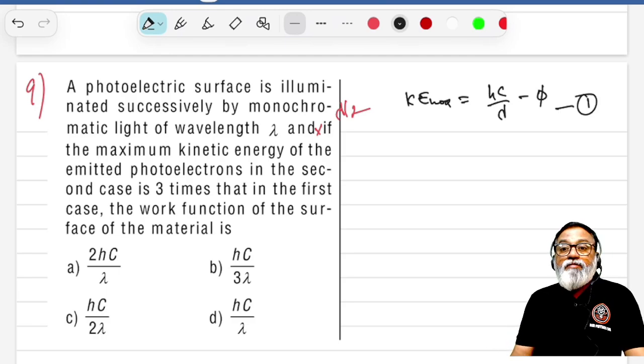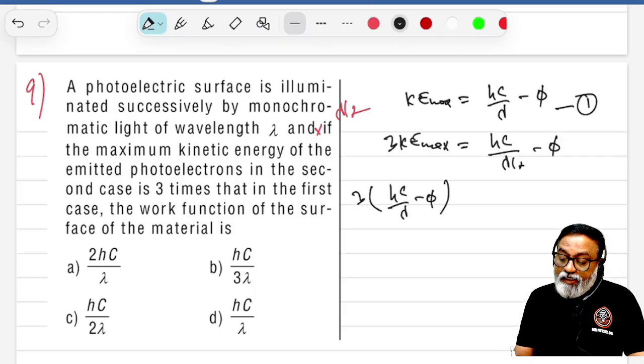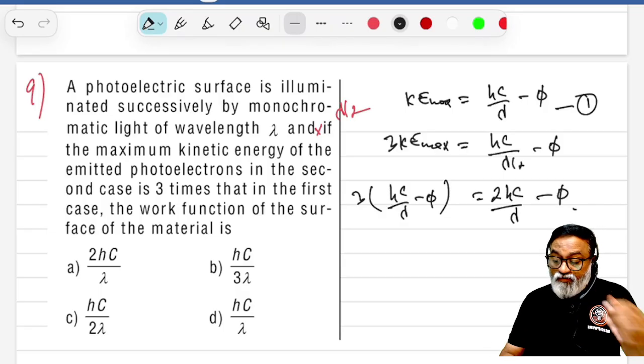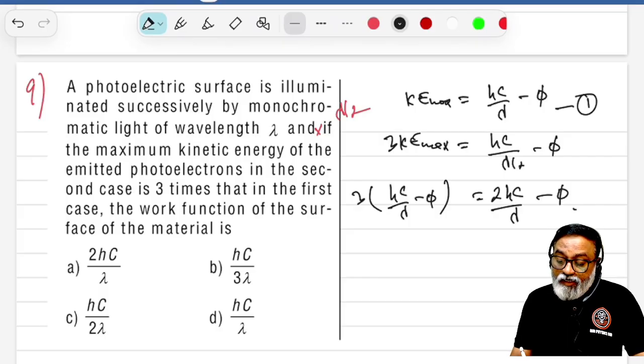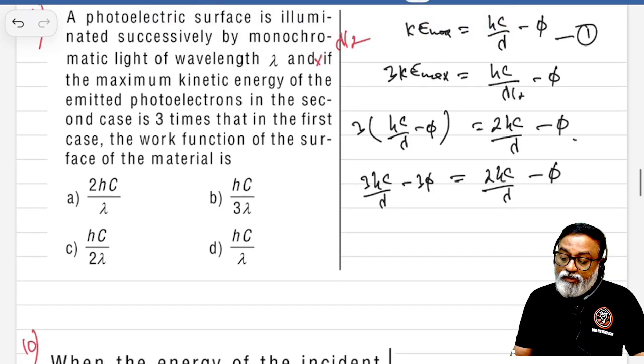When the wavelength changes from lambda to lambda by 2, the kinetic energy is 3 times the initial kinetic energy. Therefore, 3 into KE max, meaning 3 times (hc by lambda minus phi), is equal to 2hc by lambda minus phi. So, 3hc by lambda minus 3 phi is equal to 2hc by lambda minus phi. When 2hc by lambda comes to this side, it becomes minus 2hc by lambda.